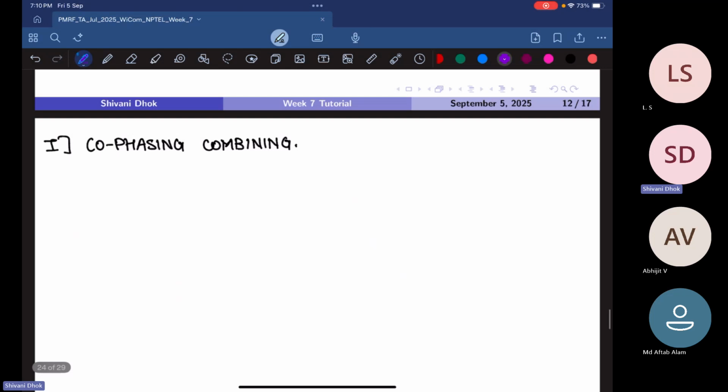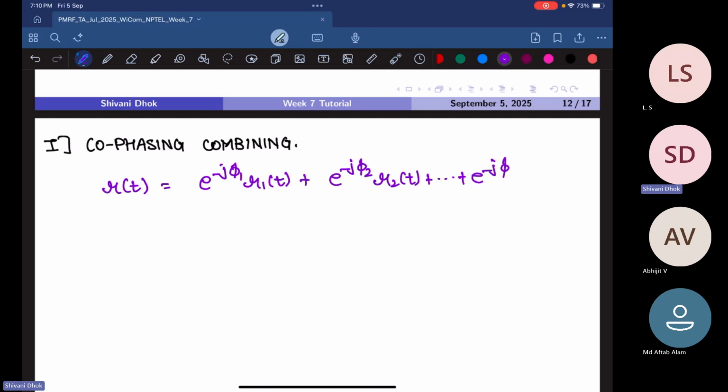We construct the signal R of t, which is e power minus j phi 1 into R1 of t plus e power minus j phi 2 into R2 of t, and so on till e power minus j phi capital M into R capital M of t, which I can write in a concise manner as summation little m equal to 1 to capital M e power minus j phi m into Rm of t.